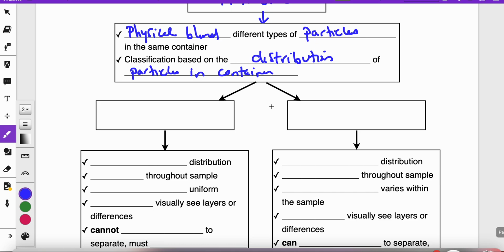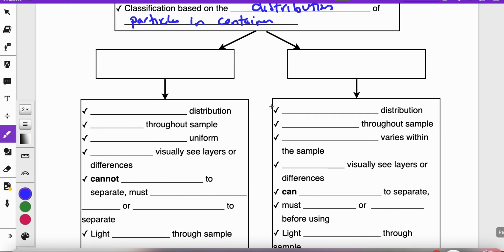So as we move down the flow chart, our distribution could be described two very general ways. Either our sample will display equal distribution of the particles or an unequal distribution of the particles, where if it's an equal distribution, then the composition will be uniform.